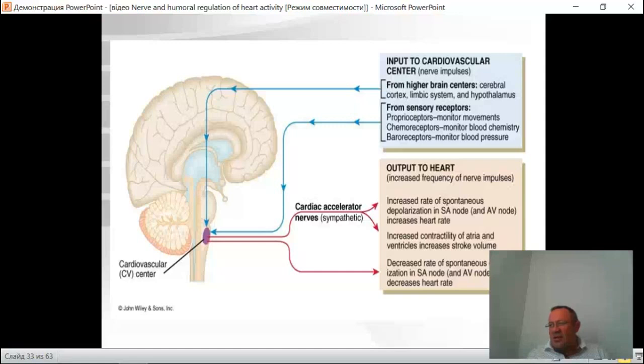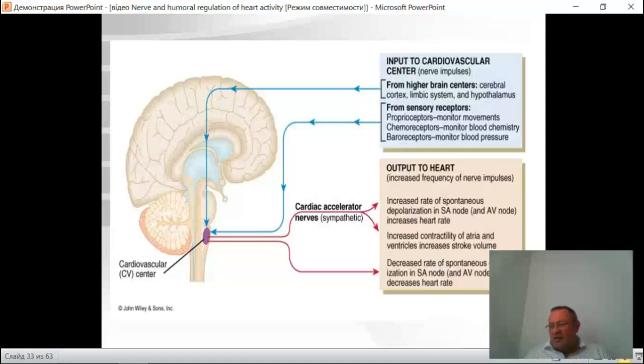From sensory receptors in the peripheral part: proprioceptors for motor movements, chemoreceptors monitoring blood chemistry, and baroreceptors monitoring blood pressure. All impulses move to the cardiovascular centers.